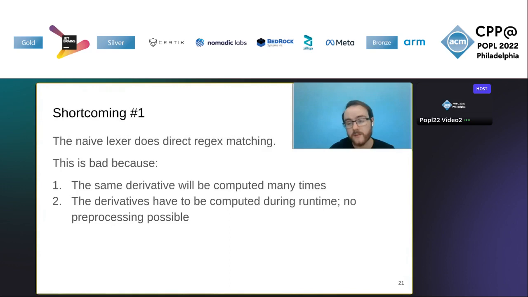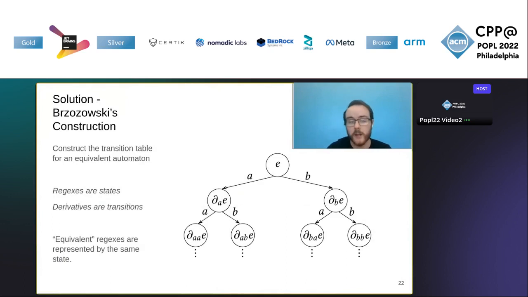And so the solution, sort of, is to just take all of the derivatives and store them in a table. And this is the transition table, actually, for an equivalent automaton. And this is a nice construction due to Brzozowski. It says regexes are states, and you determine transitions by the derivative operation.